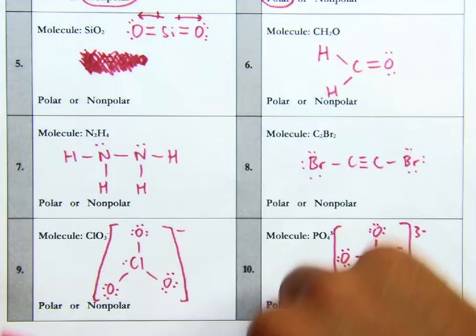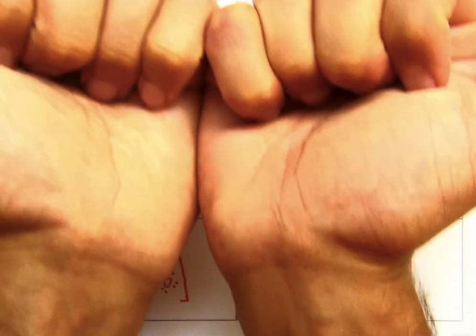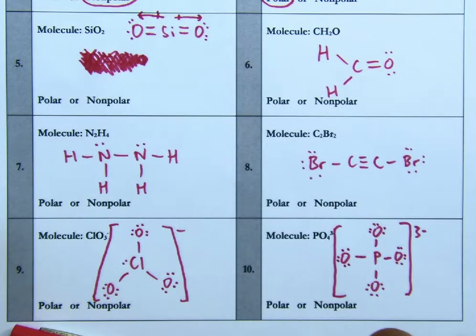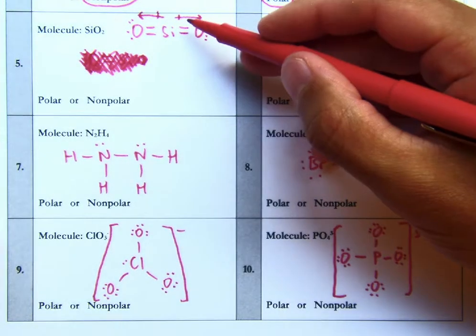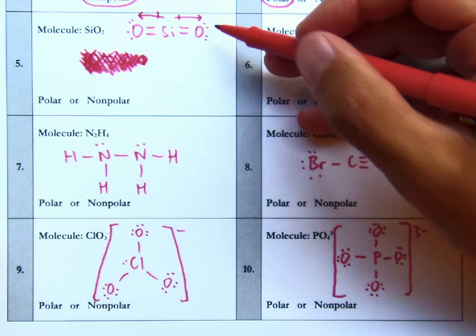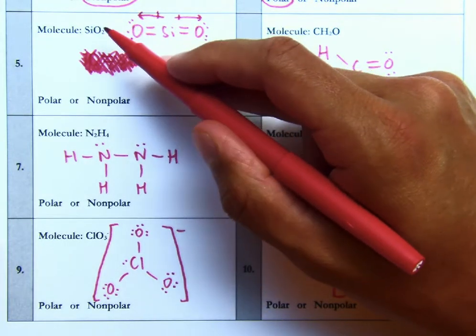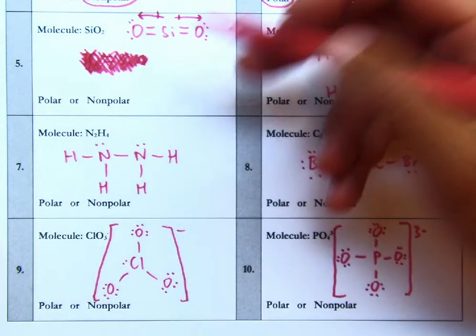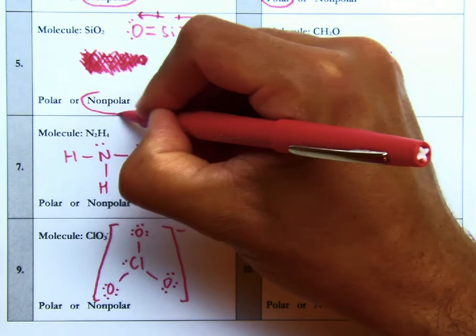So kind of equal and opposite, yeah, the electrons are getting pulled out a little bit, right? My thumbs are kind of sticking out like that, okay? But they are equal and opposite and cancel each other out in a sense that, like, if you were to approach the molecule from this side, it would be no different than if you approach the molecule from this side, okay? And because of that, this is a nonpolar molecule.